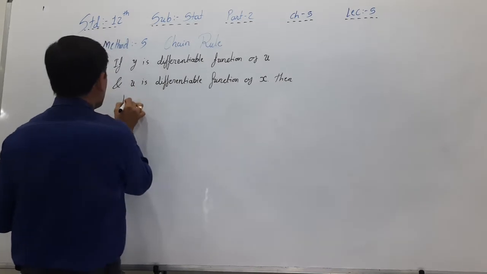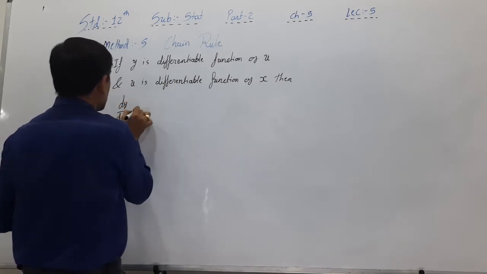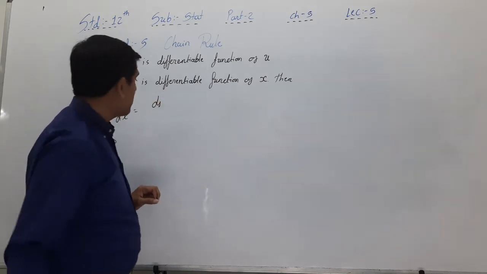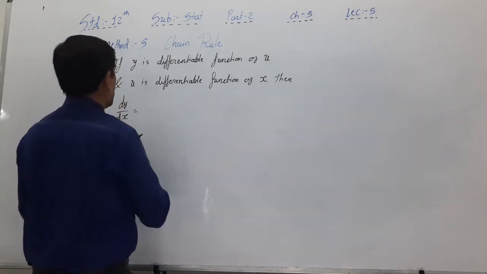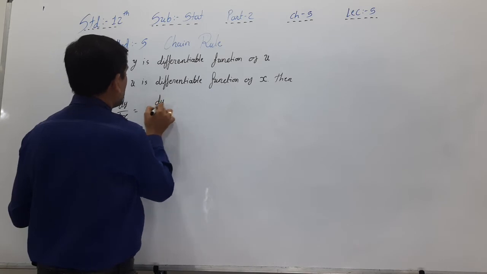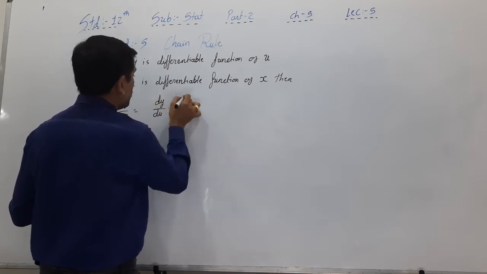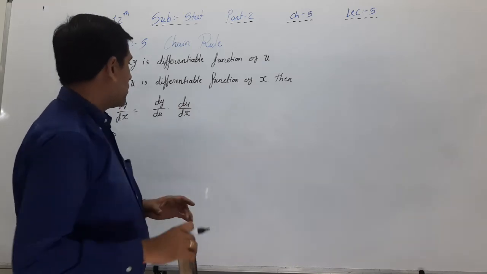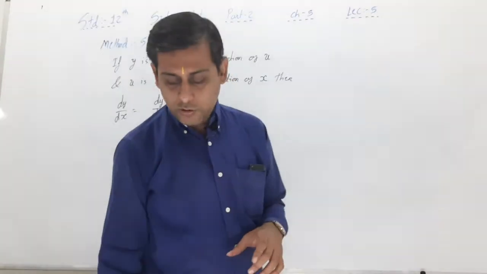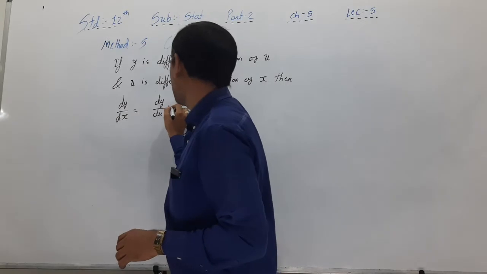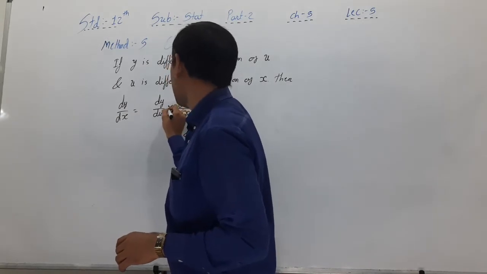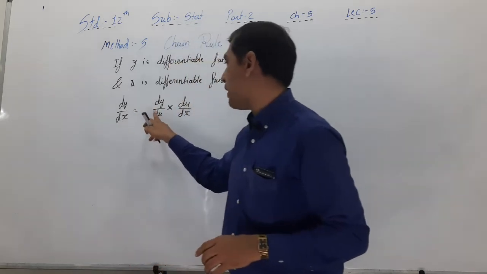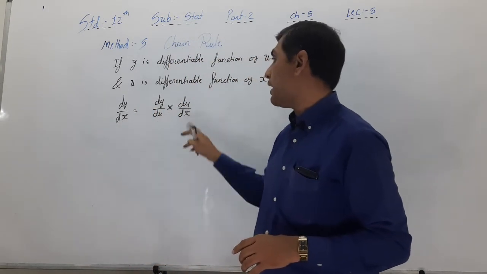dy by dx is equal to dy by du into du by dx. Here you have to multiply these. dy by dx is equal to dy by du into du by dx.